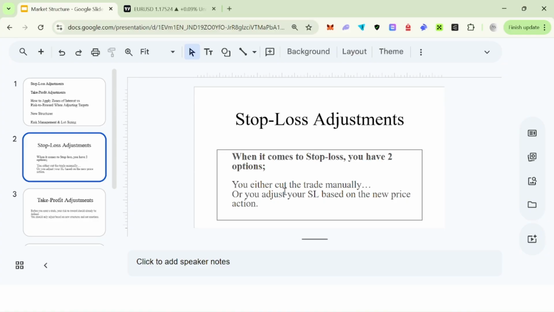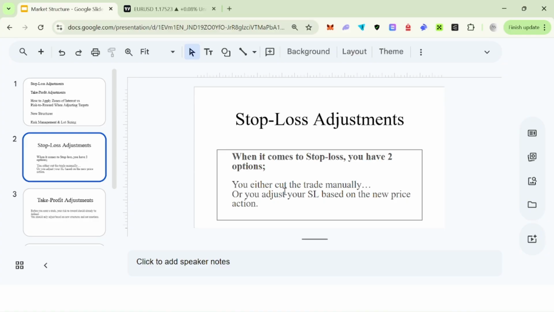When it comes to stop loss, you have two options. Like I said, you either cut the trade manually, which means you close the trade by yourself by canceling the trade, or you adjust your SL, which is your stop loss, based on the new price action. So what do I mean?